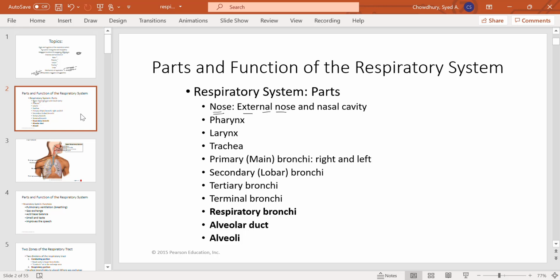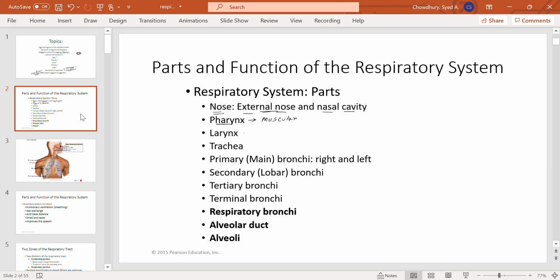However, if you see inside the nose, you have a cavity that is called the nasal cavity. After the nasal cavity, next part is the pharynx. Pharynx is a muscular tube. So it is a muscular tube-like structure. It has three parts. We'll talk about that later.